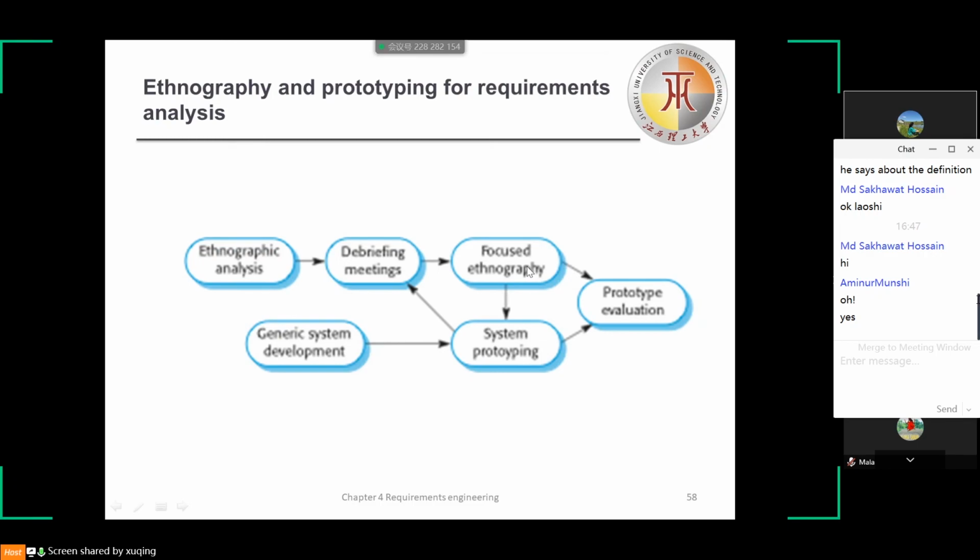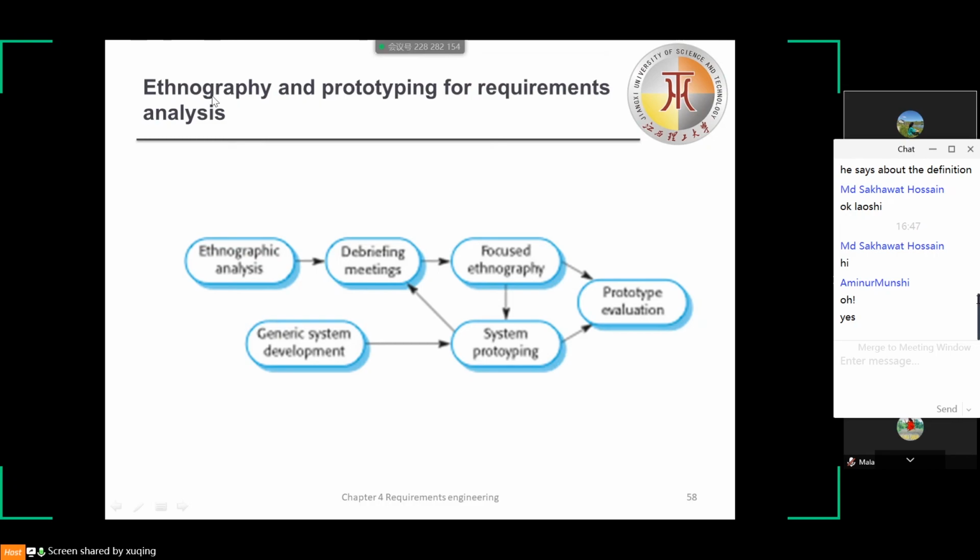However, because of its focus on the end users, this approach is not always appropriate for discovering organizational or domain requirements. As we have said before, ethnography cannot always identify new features that should be added to a system.